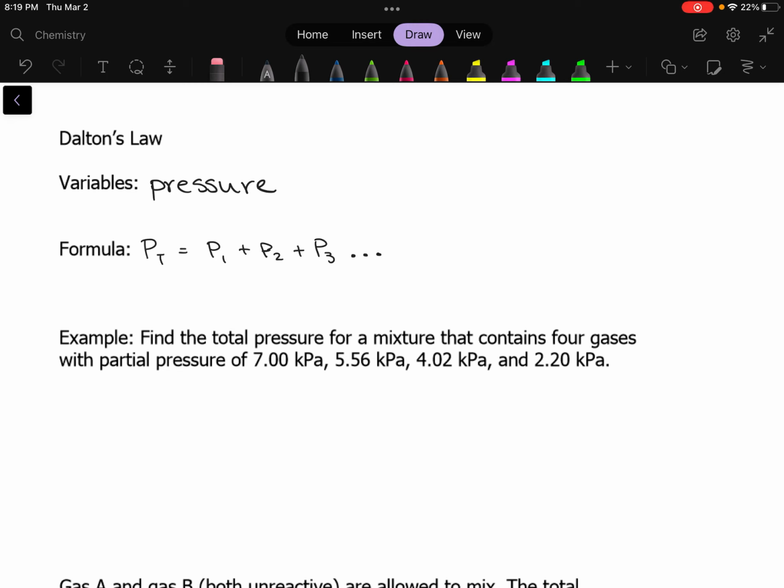So in our first one here, our question says find the total pressure for a mixture that contains 4 gases at partial pressures. So we have 7.00, we have 5.56, we have 4.02, and we have 2.20.